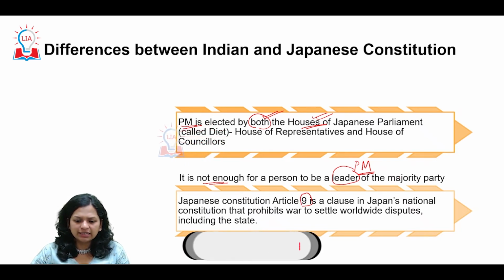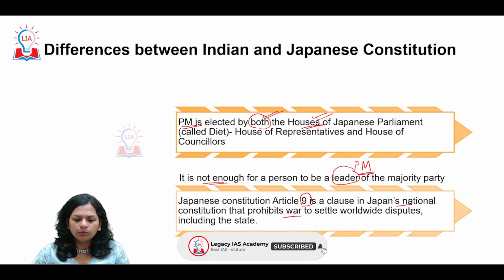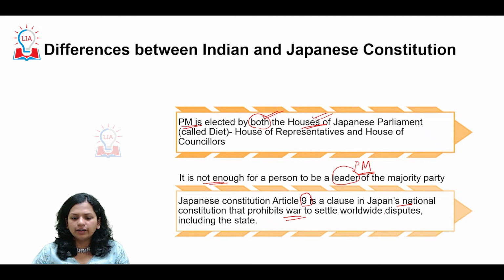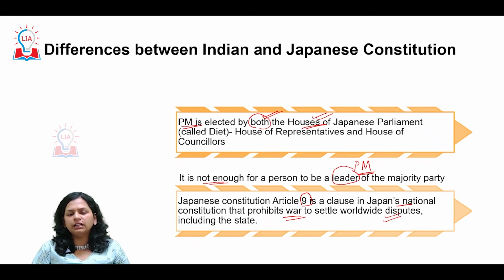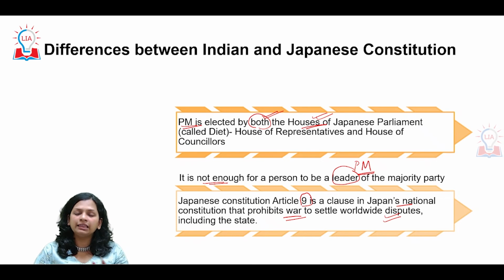Article 9 is such that Japan's constitution is basically the one prohibiting all forms of war, all forms of worldwide disputes. One needs to really appreciate the history a country has and how that is an important influence more than anything else in shaping the future legislations and constitutions of the country.